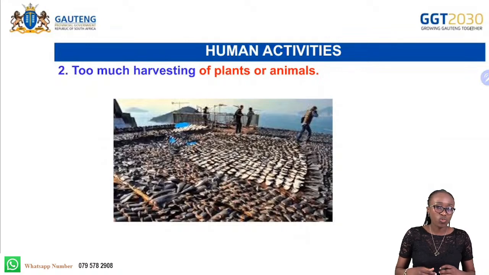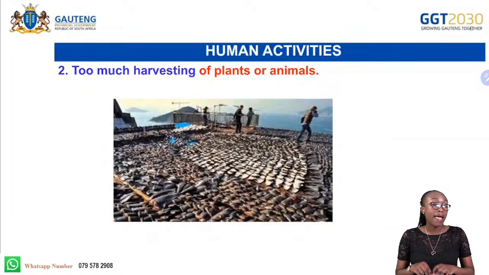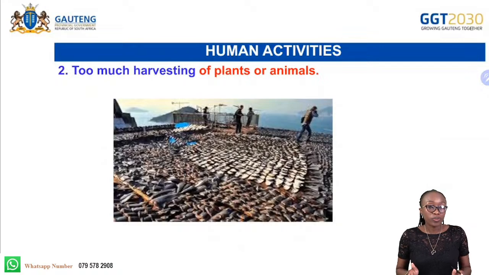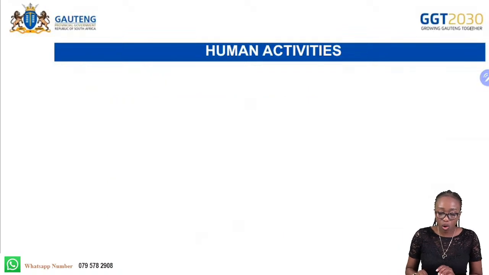If you cut down one tree, you need to replace that tree by planting another. If there is no replacing, or no time or allowance given for those organisms to breed and reproduce and for their offspring to also grow and breed and reproduce, there will be extinction of those particular organisms.